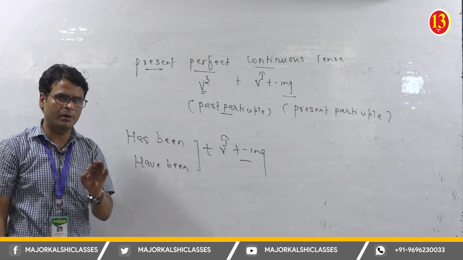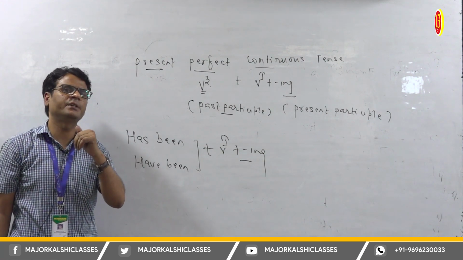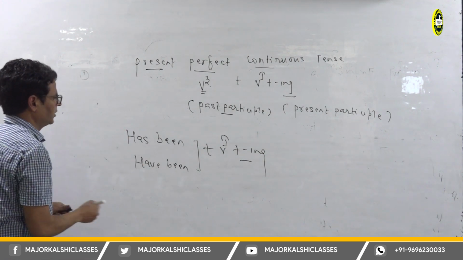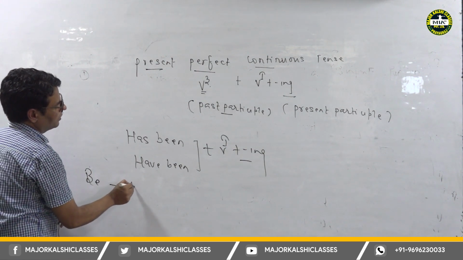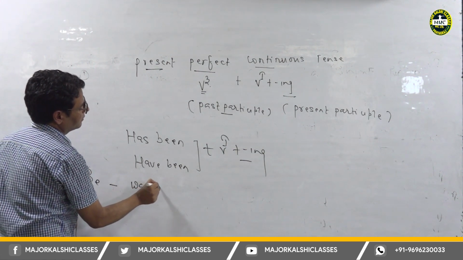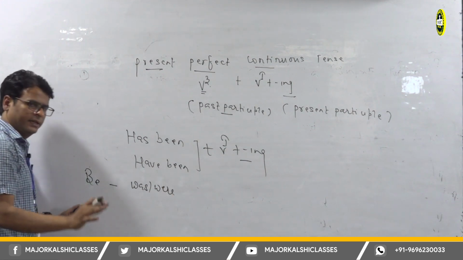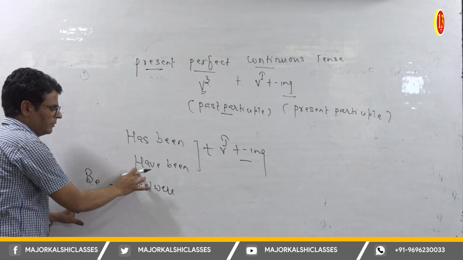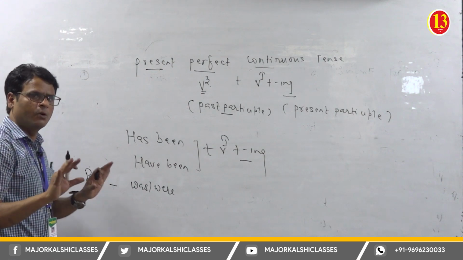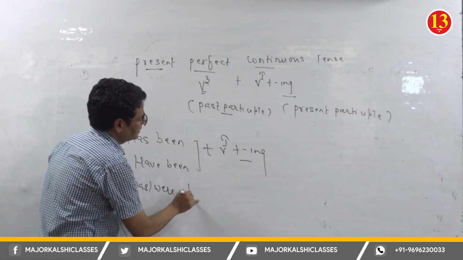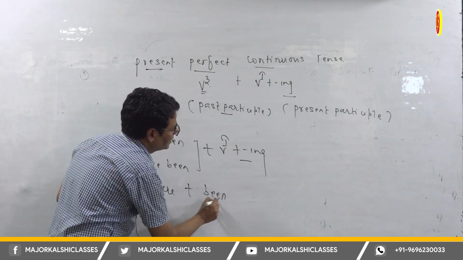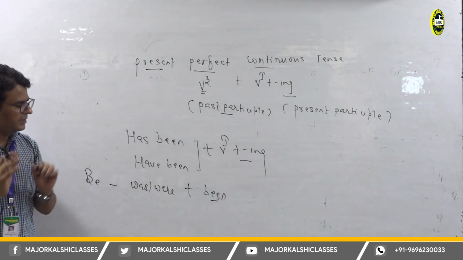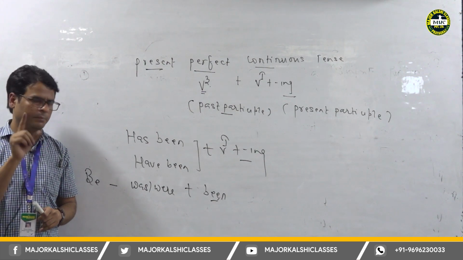What is the first form of it? The first form of it is be. I am writing for you. Be is the first form, and the second forms are called was and were. And what is the third form? The third form is called been. Wherever you find been, you should think that it is the third form of the verb, right?